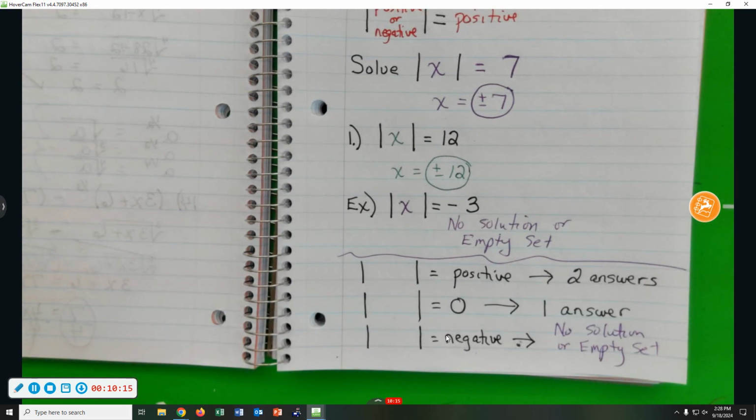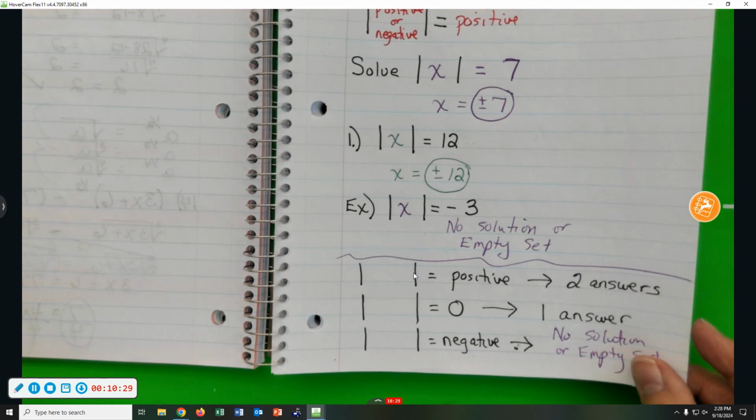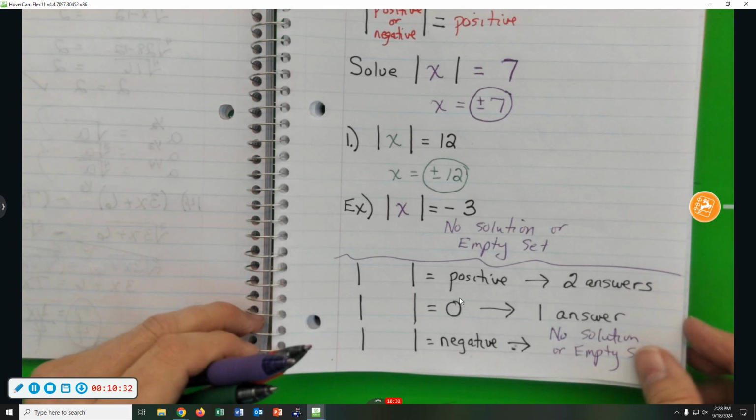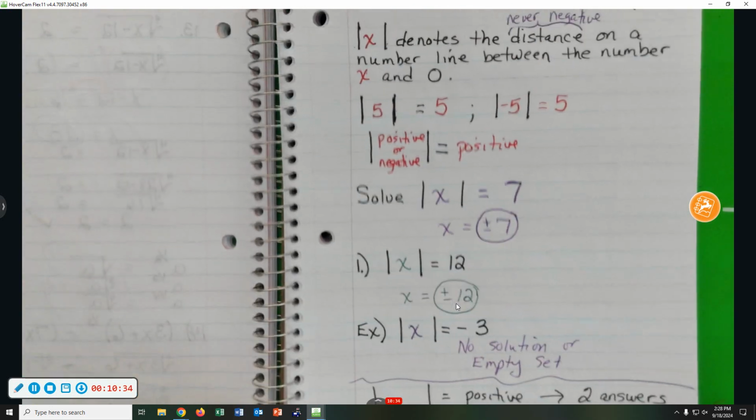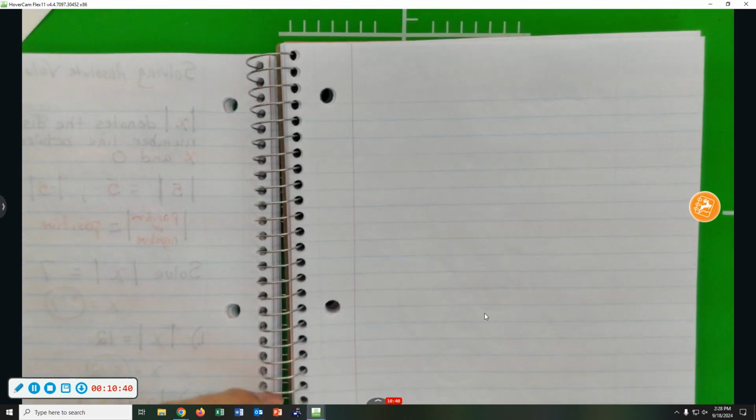And realize the way he's written it, it's the absolute value by itself on one side equals a positive number on the other side. Before you can decide how many answers you have, that absolute value needs to be by itself. I'm going to make a red star rule.